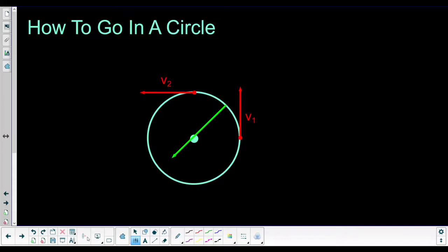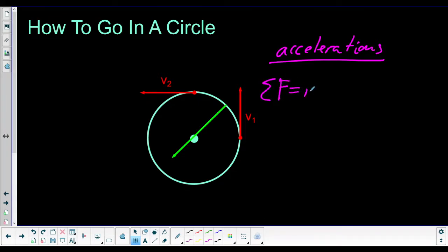Now let's talk about one more very important thing. Where do accelerations come from? How do we get accelerations is the next important question. How do I accelerate towards the center of the circle? To get an acceleration, we need an unbalanced force because of Newton's second law, right? The sum of forces equals the mass times the acceleration.